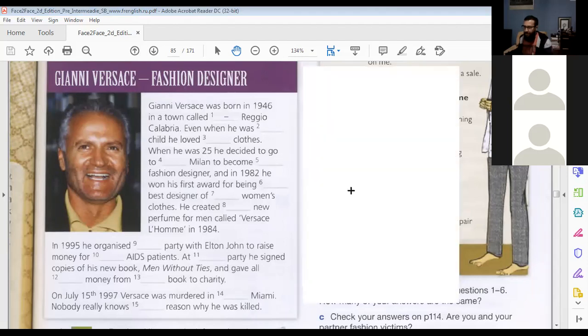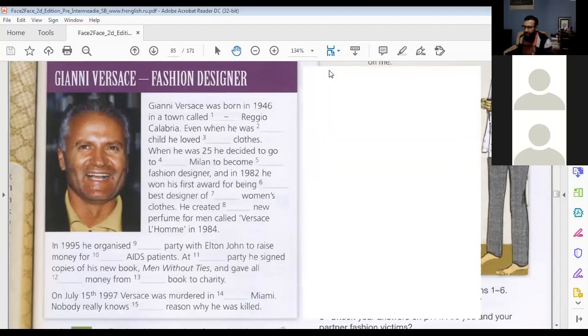So these are your options. You can use a, you can use an, you can use the, you can use no article, depending on the situation, okay? So take a few minutes and I'll be right back.